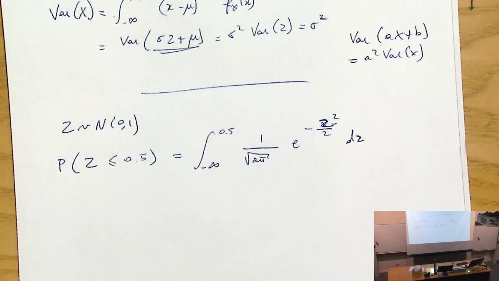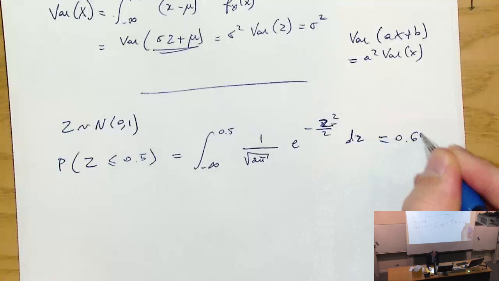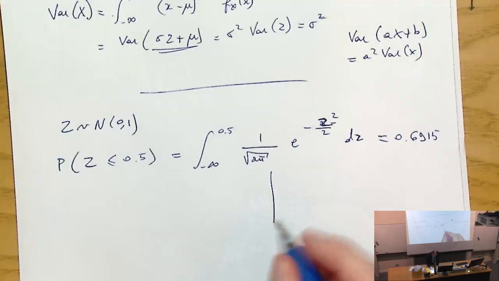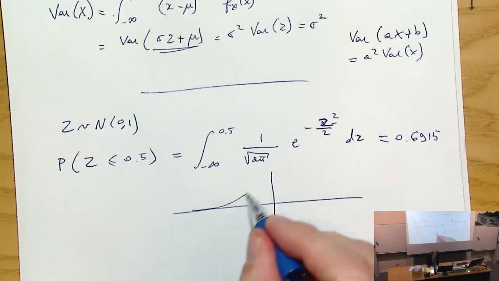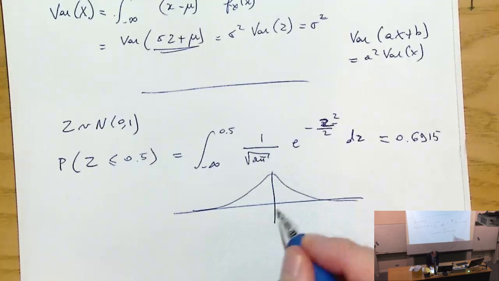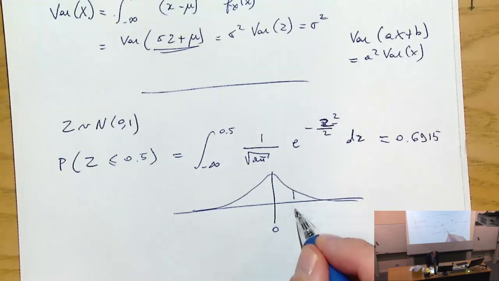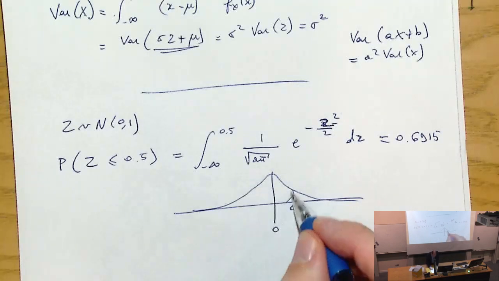So if I'm looking at z equal to 0.5, I will have a value that is 0.6915. So what that means is that I have the standard normal random variable, the PDF, with mean 0. I'm looking here at 0.5, and what I'm computing is this area here.